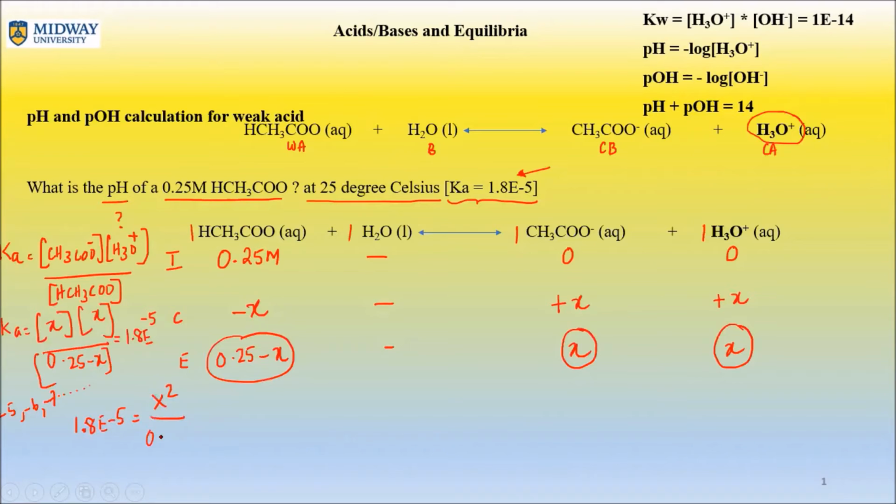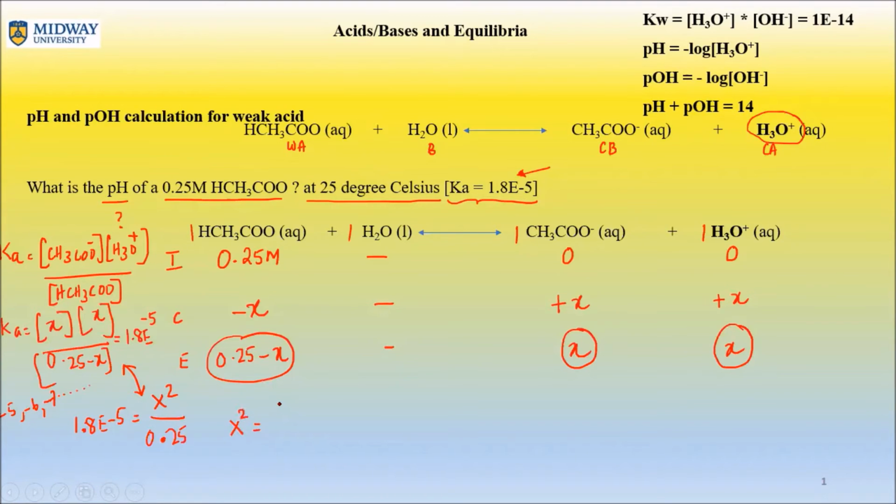We can make the assumption that this 0.25 is much, much bigger than this x, so we can avoid a quadratic equation. Okay, this is a key. We've made an assumption to simplify this equation even further. We didn't simplify the numerator, but we did simplify the denominator. So we can now find x.